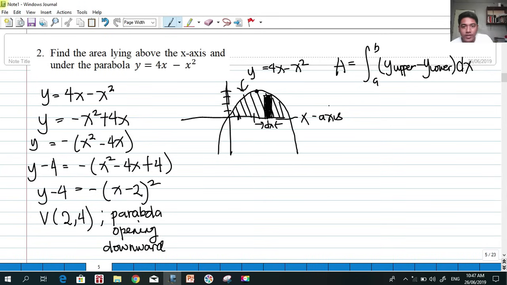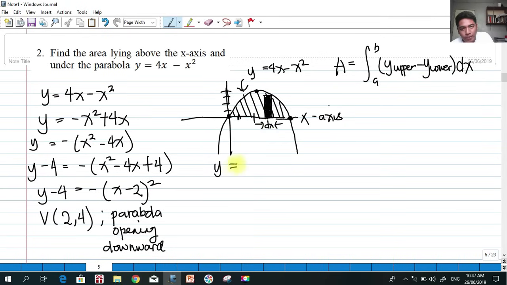But the problem here is that we don't know the limits a to b. We cannot assume that this is the origin. We can also have an intersection here. Our limits should be in terms of x because we have used a vertical strip, from here to here. So how do we find the limits?